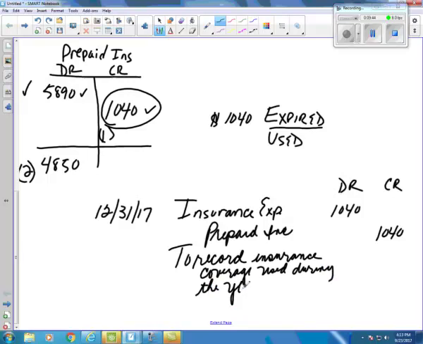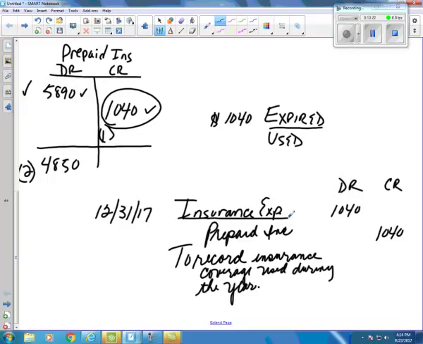Again, if we record as prepaid expense when we purchase this policy that has a future benefit, and that's what we learned to do, then what we recognize is that we have not recognized any expense, and so we need to recognize the expense, and this is how we do it. Debiting an expense records the expense and increases it, and then we credited prepaid insurance, reducing that account.